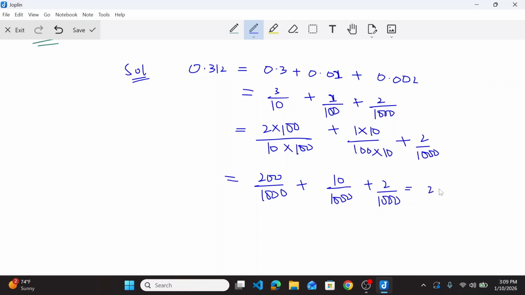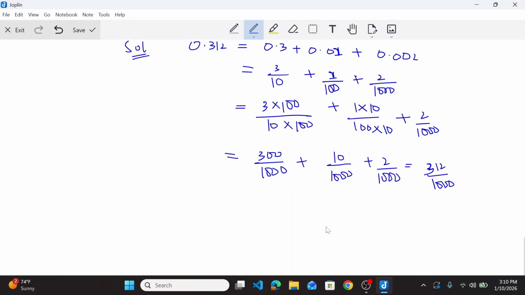In the last, we'll get 212. I think there's a mistake. Yes, there should be a 3. So let's do it properly. In the last we will get 312.